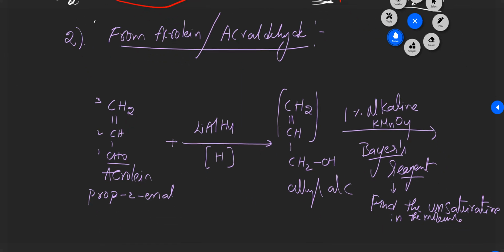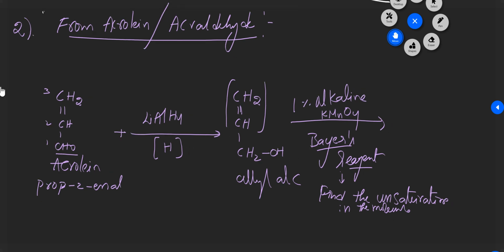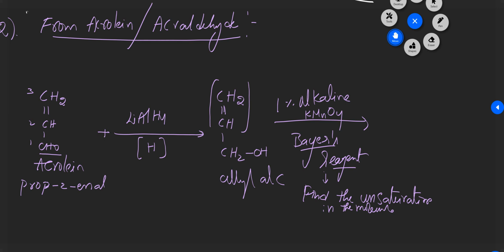Now in this molecule unsaturation is present, so Baeyer's reagent is going to react at the unsaturated place and form oxidation.